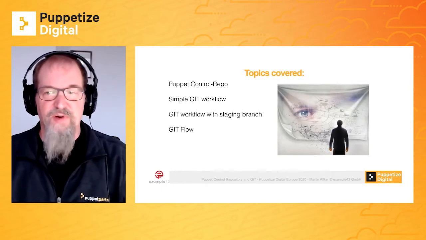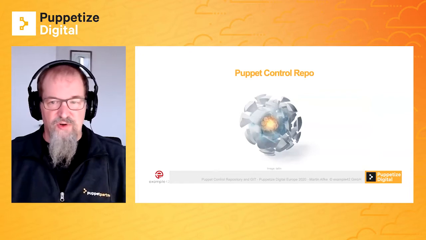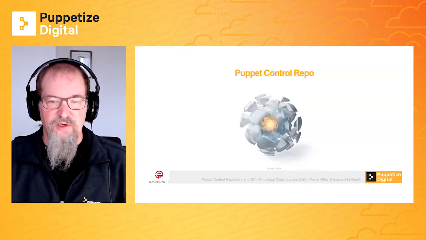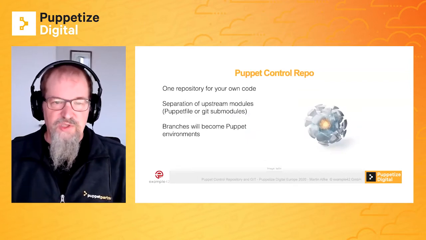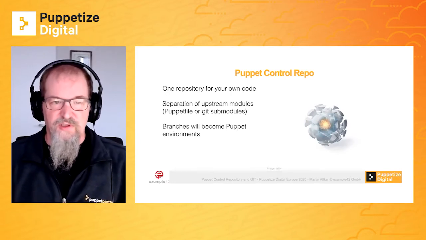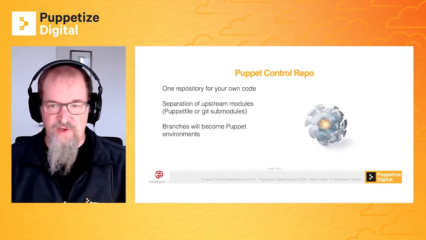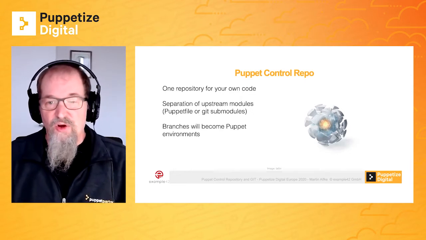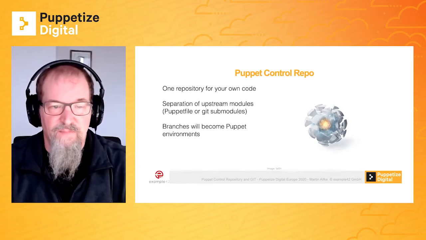So let's start with the Puppet control repository. The Puppet control repository is the one repository that you usually work with. So it's the one repo where you have your own code. You also use the Puppet control repository for adding upstream modules, library modules, as I used to call them, either by providing them in a Puppetfile, mentioning which module in which version should be deployed, or even some companies do it by adding Git submodules.